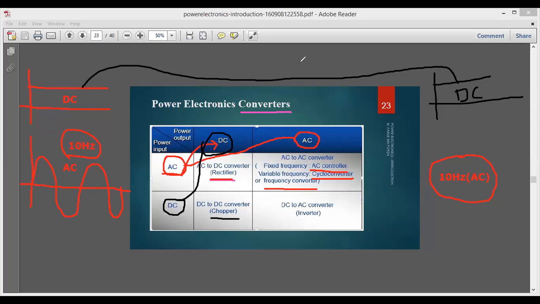Now there is one more scenario here, that is from DC to AC converter. What is the name of the converter here? It is the inverter. What we are using in our homes is an inverter, right? Everybody has an inverter.